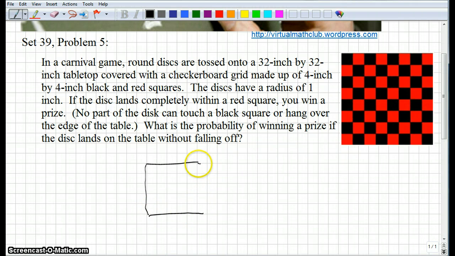Alright, so there's a square, and I'll color it red with a highlighter so we know we're dealing with this red square.